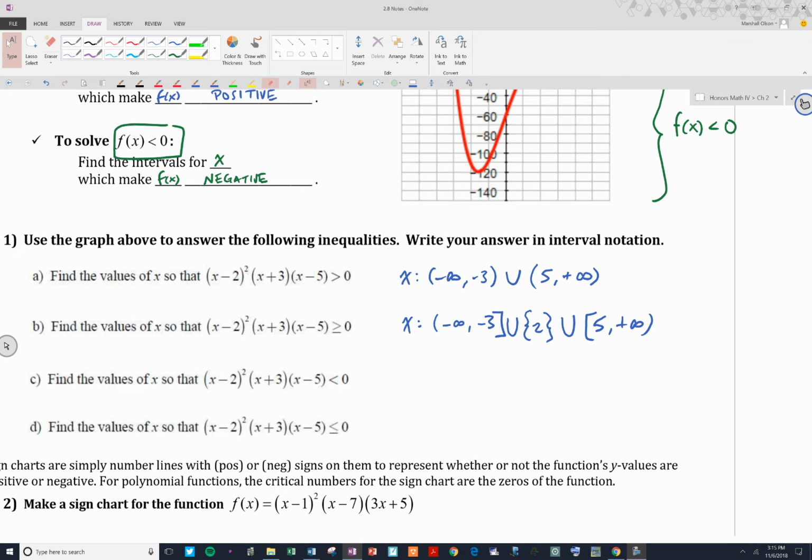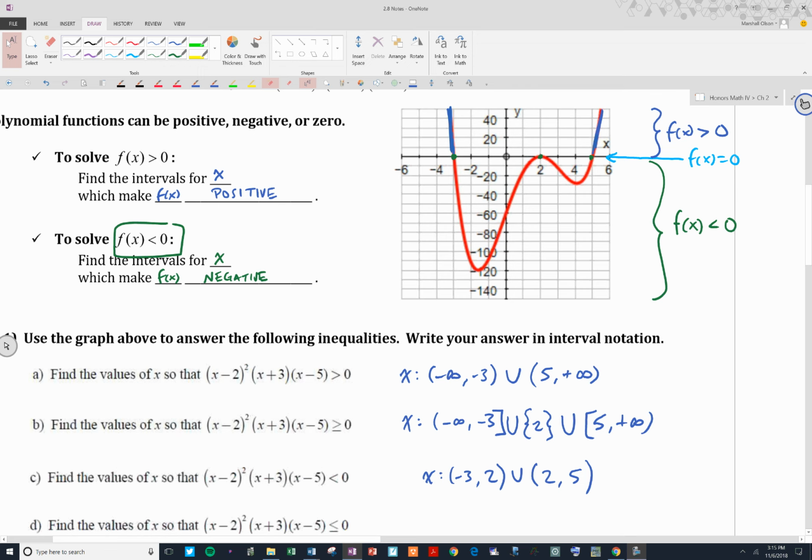All right, less than 0, now we're looking below the x-axis. So just less than 0, not equal to, would be from -3 until that value of 2, but we can't include 2 because it equals 0 at 2. And then we would go all the way to that 5. Now for the last one, where is it less than or equal to 0?